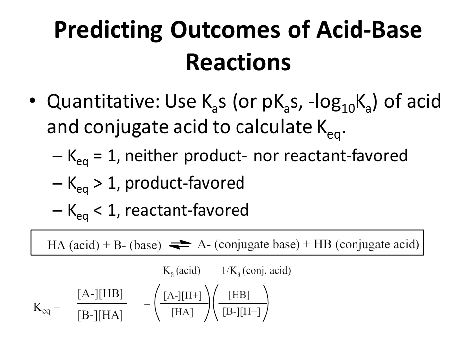So that means that you'd have HB as the product, because you're reversing the reaction, you're not dissociating, you're associating, and B minus and H plus as the reactants. If you multiply these two terms together, the H plus terms cancel out, and you get the expression for Keq. Thus, Keq is equal to Ka of the acid divided by Ka of the conjugate acid.